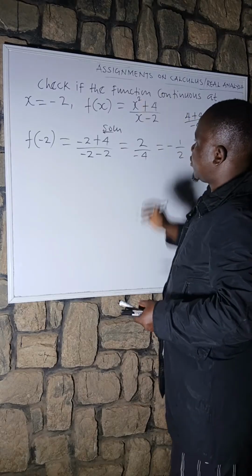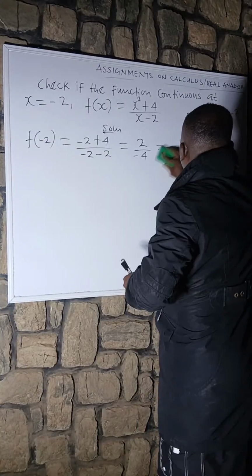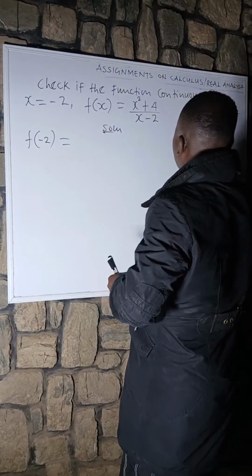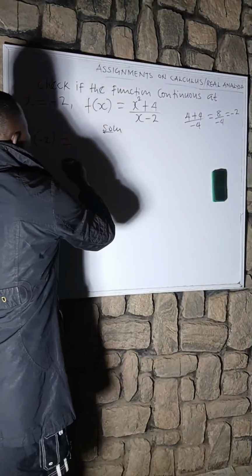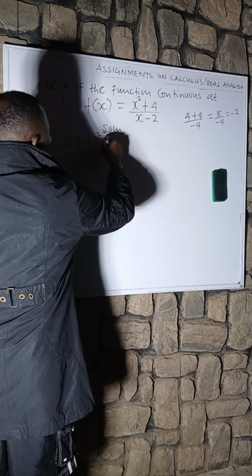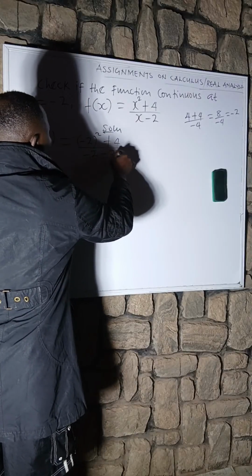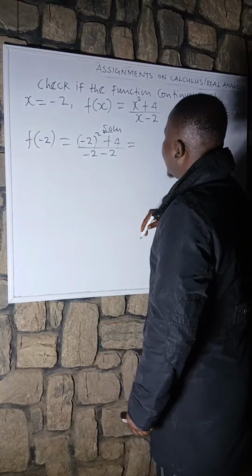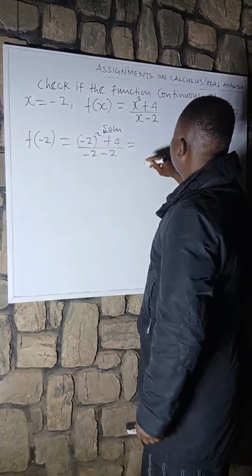Please, here is squared, sorry about that. I'm very sorry about that. So here will now be minus 2 all squared plus 4 all over minus 2.